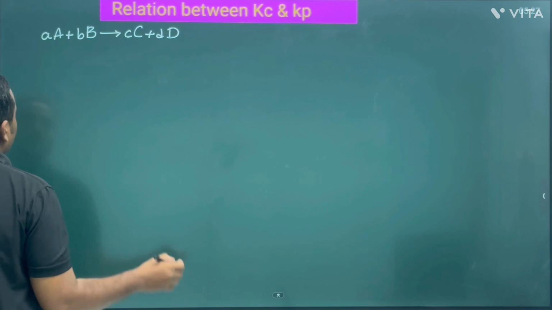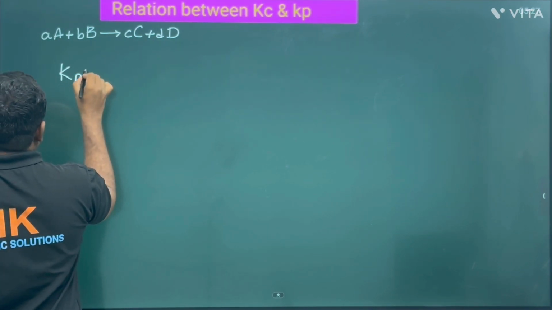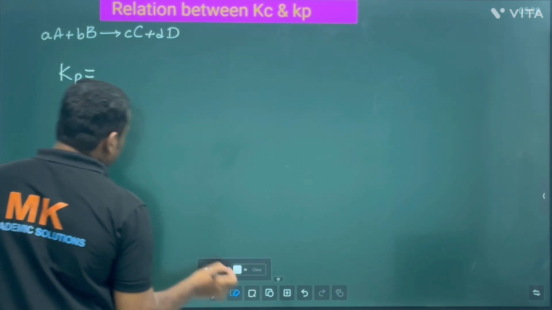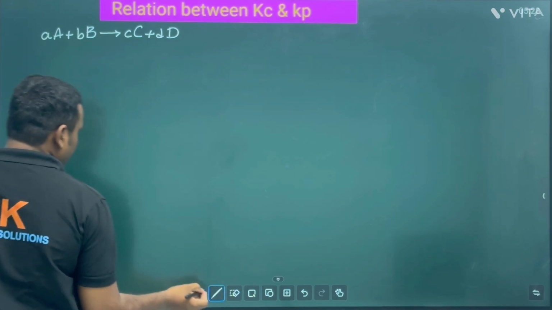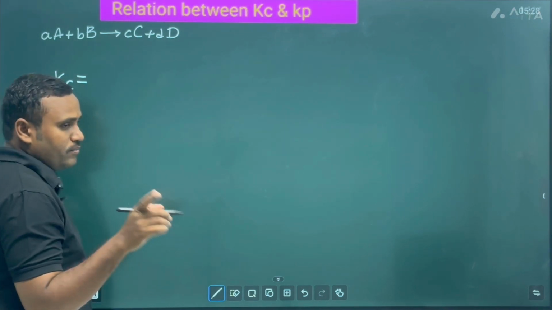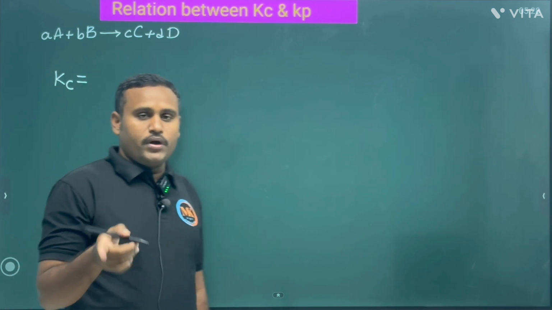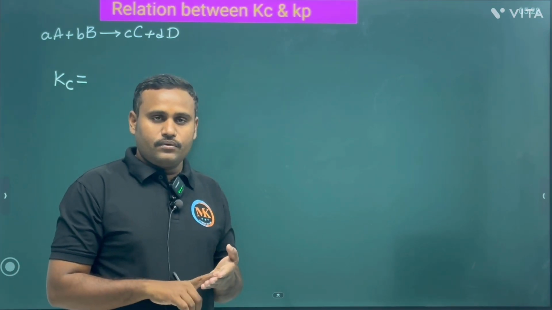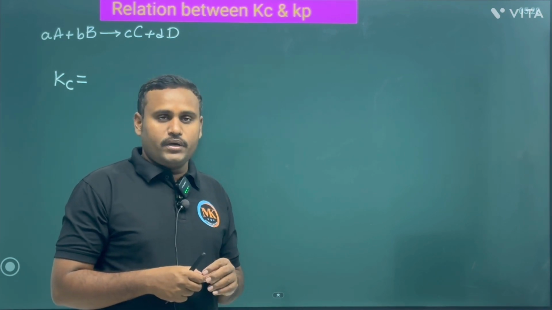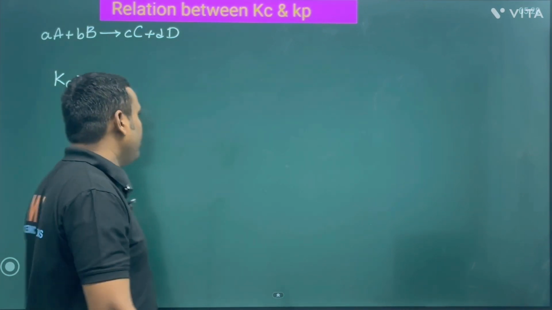For this hypothetical reaction, we express Kp. First let us write Kc. Kc is equal to the product of the concentration terms of the products raised to their stoichiometric coefficients, divided by the product of the concentrations of the reactants raised to their stoichiometric coefficients.